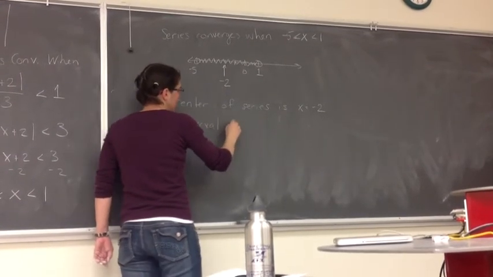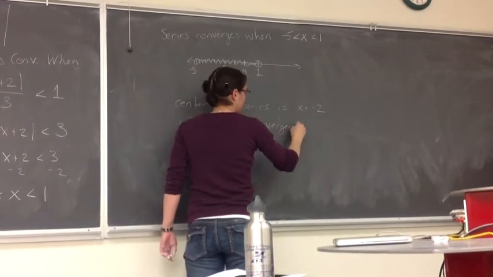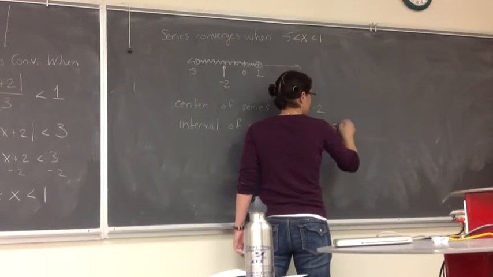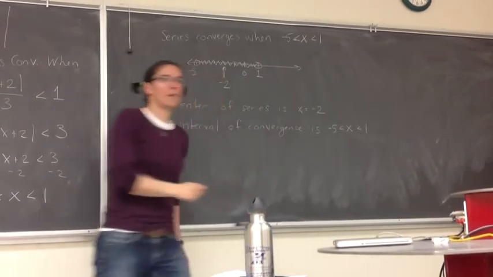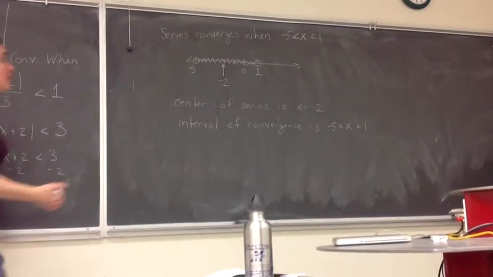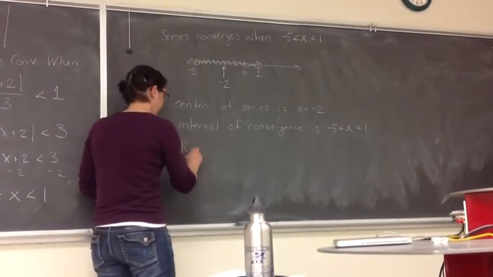We can say that the interval of convergence is the interval where x is between negative 5 and 1. And another piece of vocabulary that shows up is that sometimes the question we've asked, what is the radius of convergence?